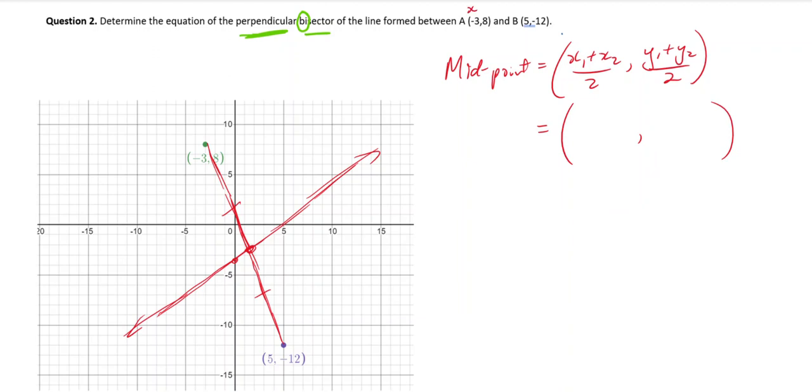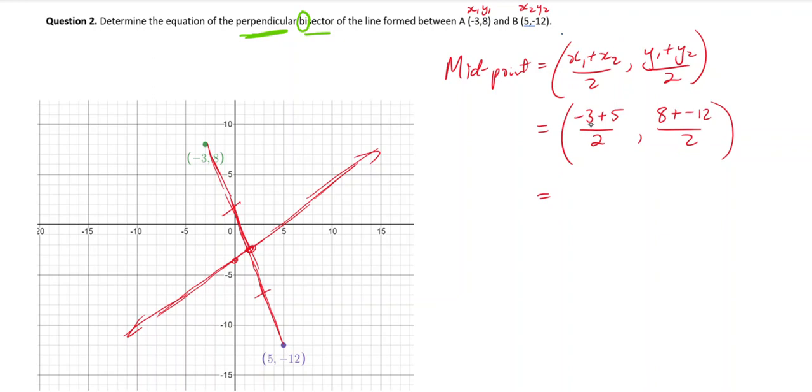We can go ahead and label x1, y1, x2, y2, and we're going to say, well, x1 is -3 plus x2, which is 5, over 2, and y1 is 8 plus y2, which is -12, all over 2.